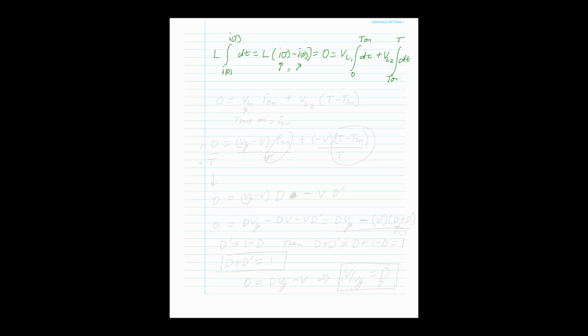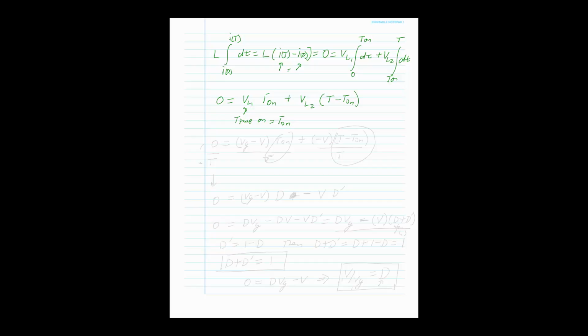So if we look at that, 0 is equal to VL1, that's just for the time on, which of course we made T on, times T on, plus VL2, which is going to be times T minus T on.